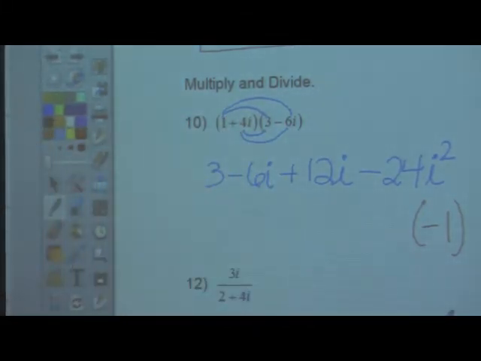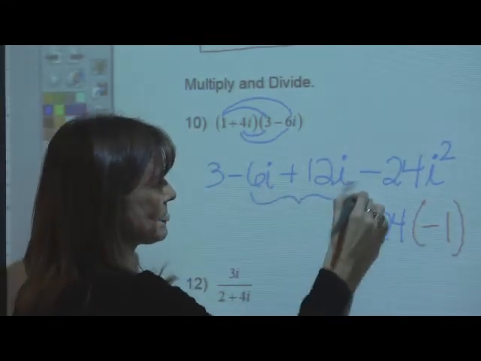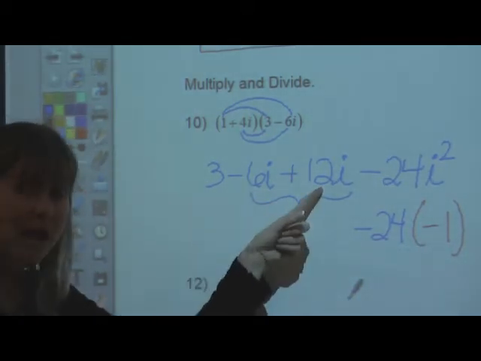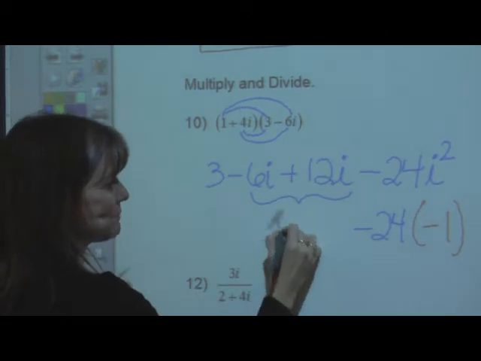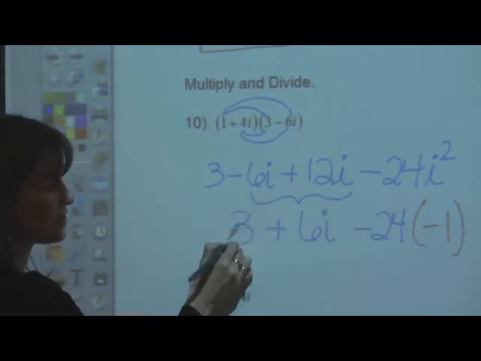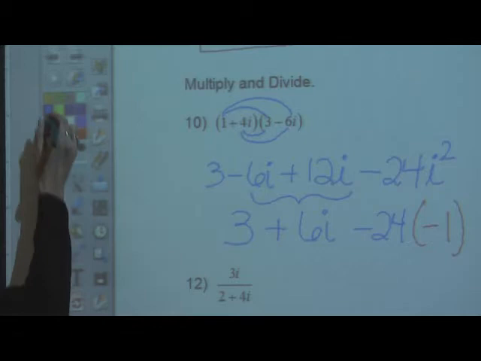So I'm going to replace any I squared that I see with the number -1. And then everything else I'm just going to copy. Now I've got like terms to combine, so a negative 6i and a positive 12i gives me plus 6i. And don't forget that you've got this 3 out here. And continue to combine and simplify like terms.